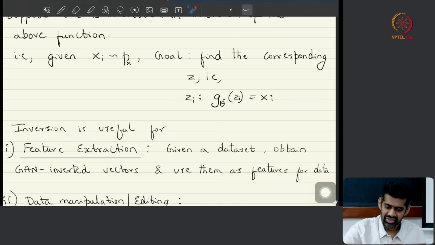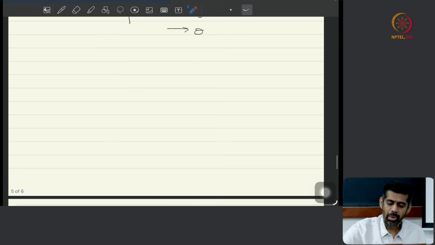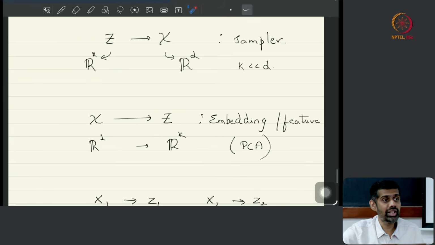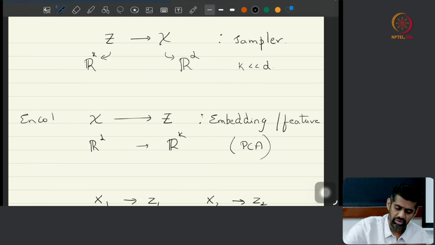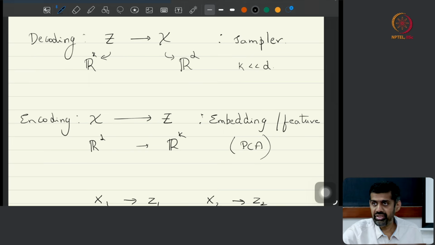Have you heard of these terminologies? People talk of encoder-decoder models, encoder-only models, decoder-only models, and so on. This process of projection from data space to the latent space is called encoding. This is called decoding, for obvious reasons. Take the data space and compress it. This is called encoder-decoder. So, GAN is a decoder-only model, and all the language models that you see, the transformer-based autoregressive ones, are all decoder-only models today.